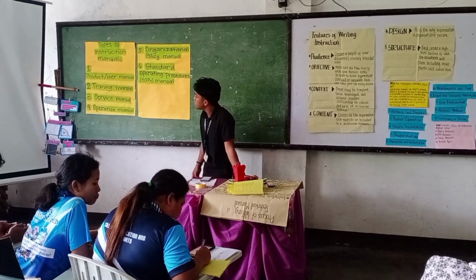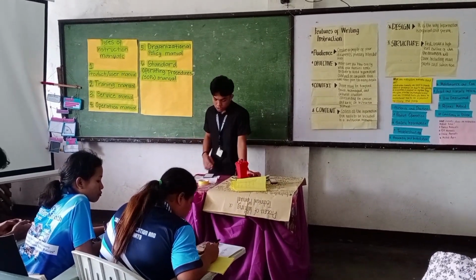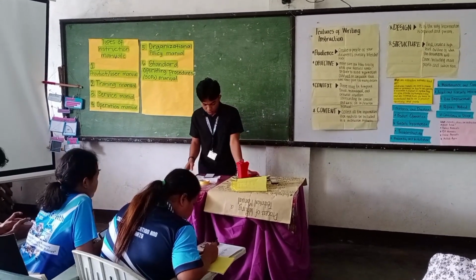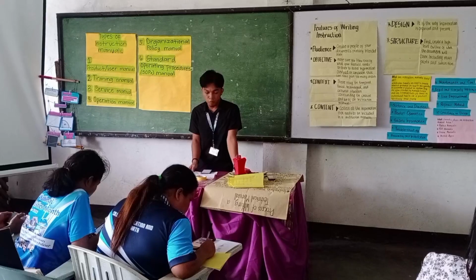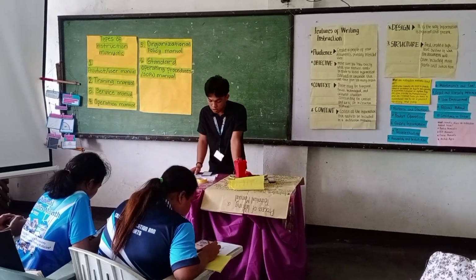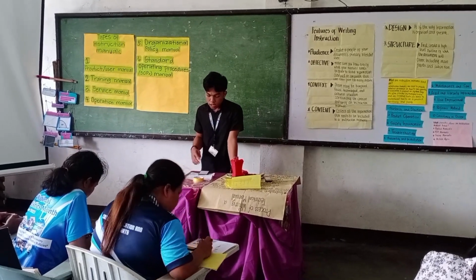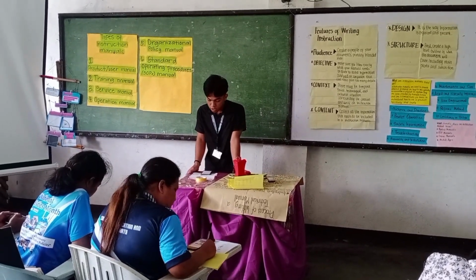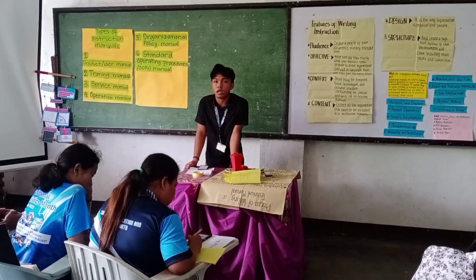Second, training manual. A training manual is a series of guidelines that explain how to carry out a task, procedure, or an assignment. Training manuals are a set of instructions that tell the user how to complete a job or a task.